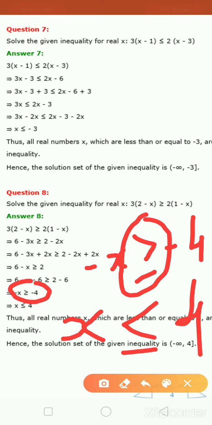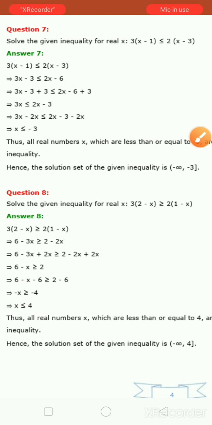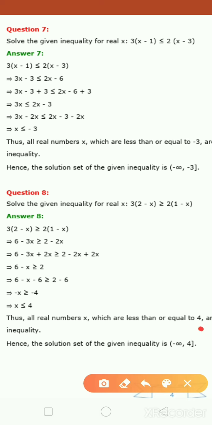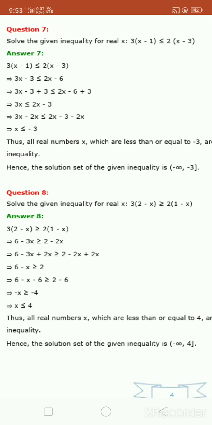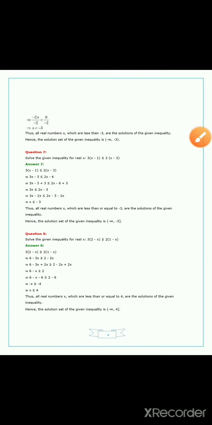Don't forget this: if there is a negative sign, the inequality reverses. The solution set here will be minus infinity to minus 4. You can observe the 4 here has a big bracket because it is an equal to symbol.